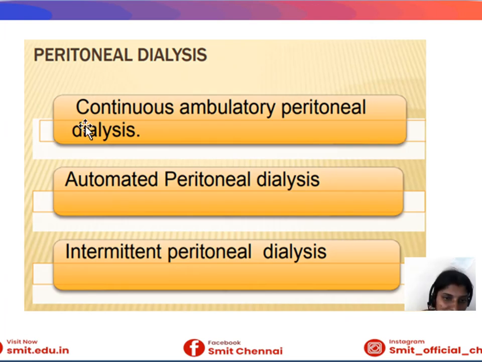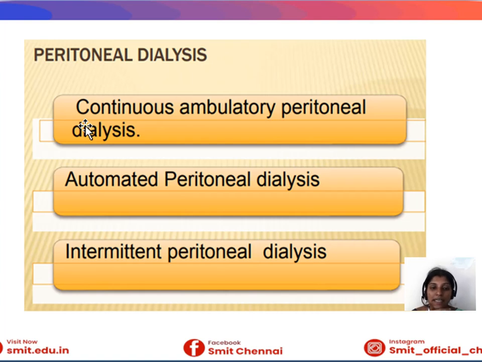This is the process of peritoneal dialysis. And these are the types of peritoneal dialysis. First one is continuous ambulatory peritoneal dialysis, second is automated peritoneal dialysis, and third one is intermittent peritoneal dialysis. Continuous ambulatory peritoneal dialysis depends on human intervention. It needs to be continuously operated by the patient or any technical person.